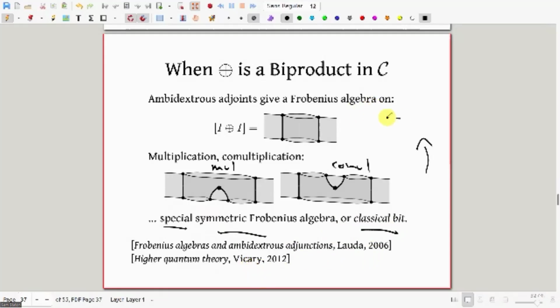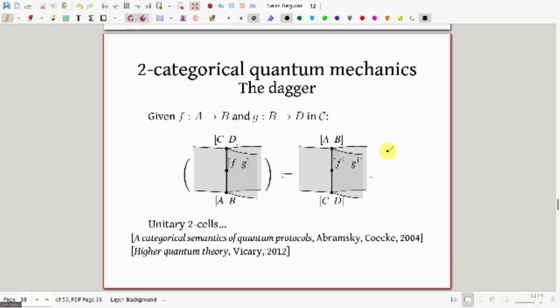And weirdly, I think this means that there's another one on this one, because it's an ambidextrous adjoint, so there must be another one on the reversed. This is another Frobenius. Do you know what this is? I don't even know what to call it. It's like a co-something.